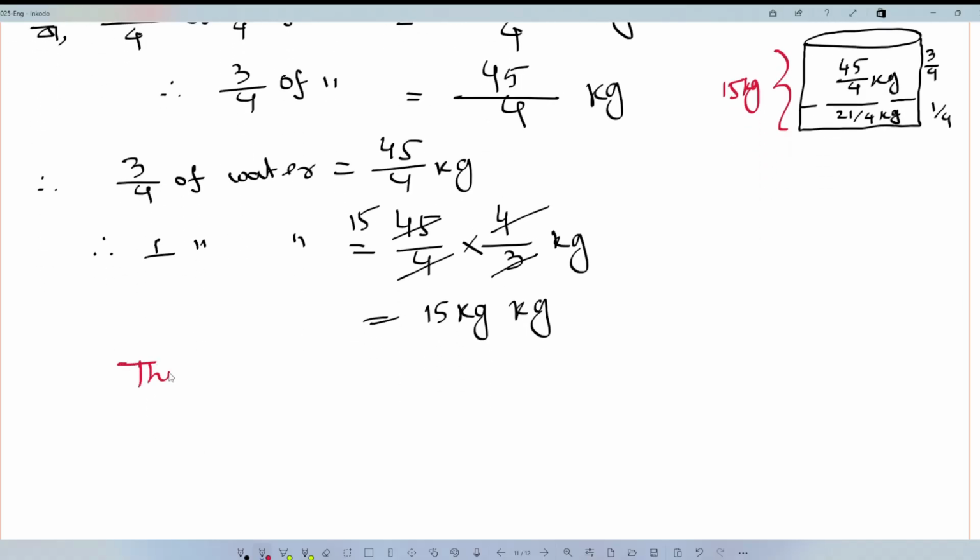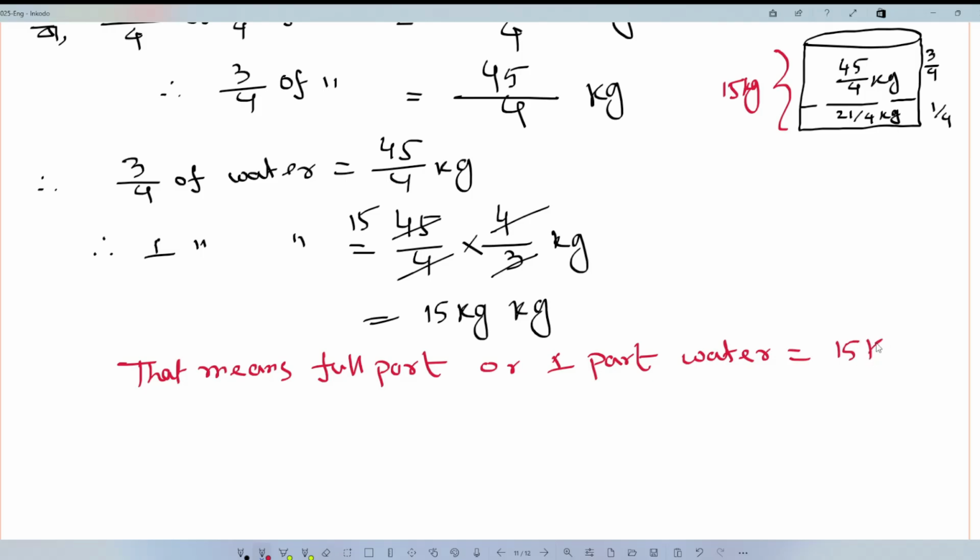That means full part or 1 part water equals 15 kg.